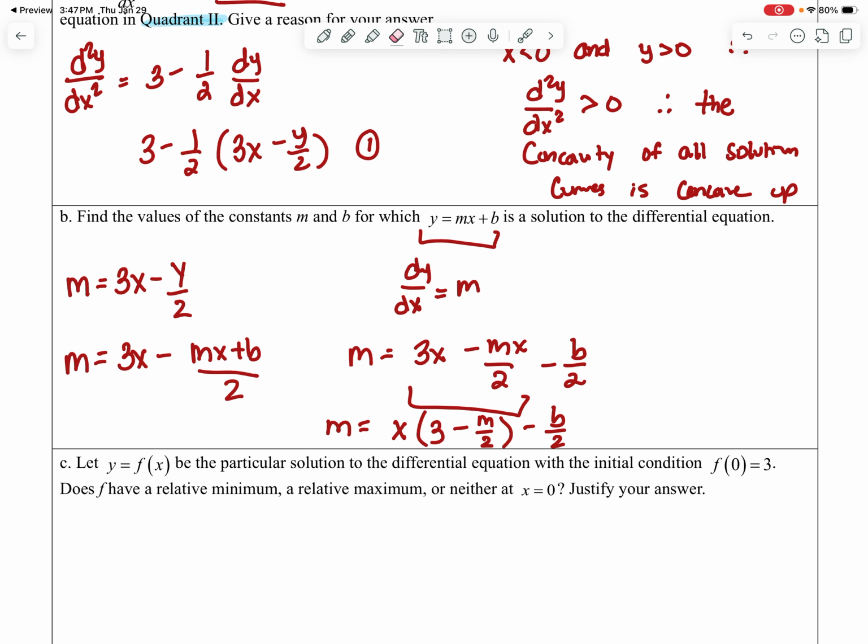Now, notice how your m is a constant. M is a number, which means that m needs to be equal to negative b over 2, because it's a number. Notice how on the left side there's no x, meaning that this coefficient needs to be a 0, which means that m has to be 6.